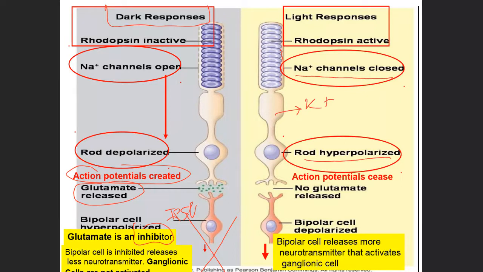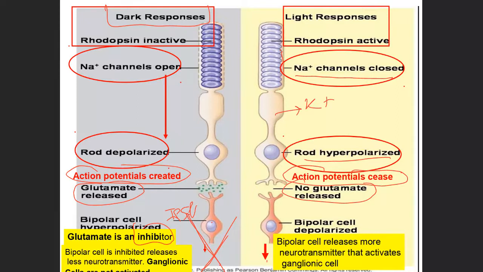There will be no action potentials being created, no glutamate released. So the neurotransmitter that was shutting down the bipolar cells is now gone, and bipolar cells will begin to be depolarized and create action potentials. So now the bipolar cell is free to begin sending signals to the ganglionic cells. So that's essentially how the photoreceptors are going to respond.